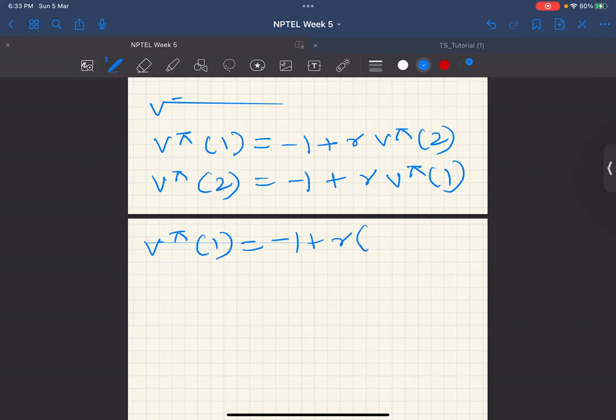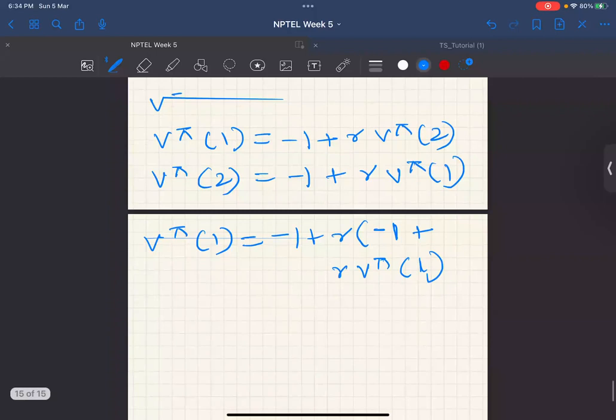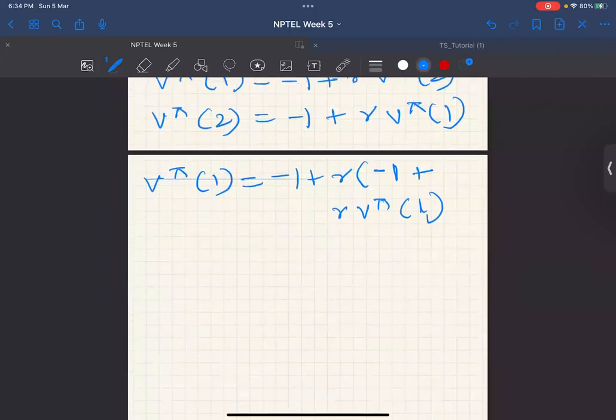So just substituting again, V pi of 2 is -1 plus gamma V pi of 1. So V pi of 1 is equal to -1 minus gamma plus gamma square V pi of 1.